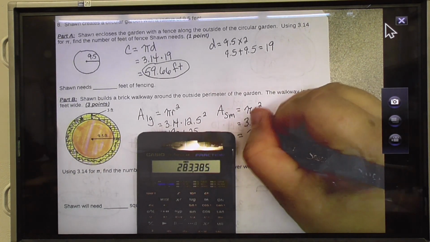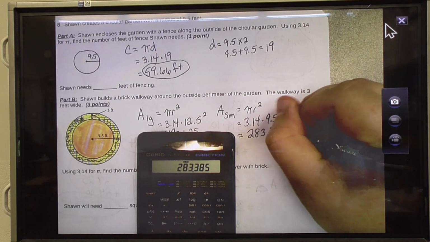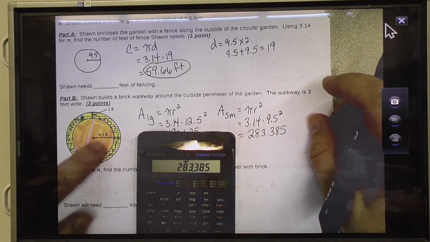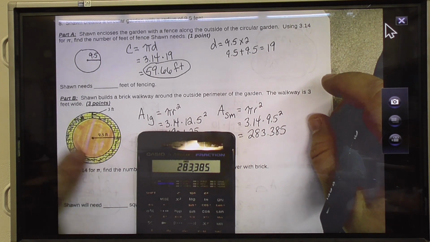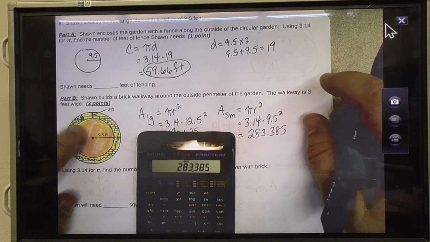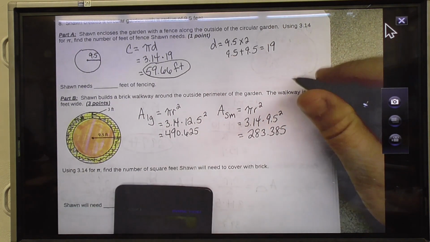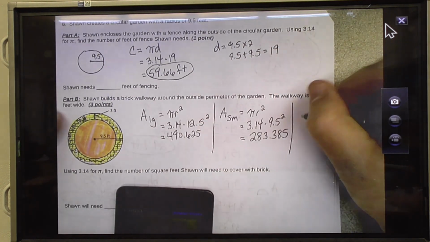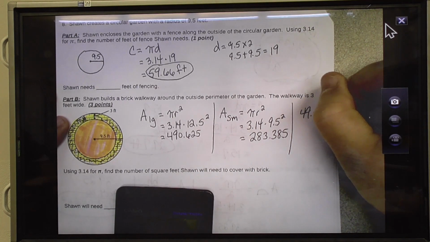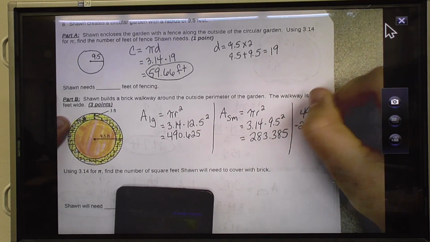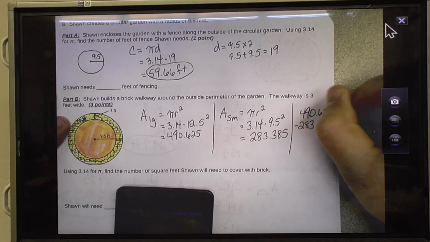283.385. Now subtract. The large stuff was in yellow, but I didn't want all of that. I need to take out the pink part, right? Because that's not bricks. So we're going to be doing 490.625 minus the part that we don't want bricks inside of.